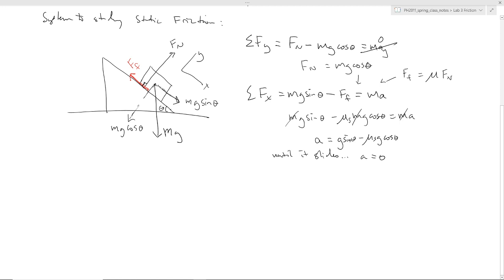So if we do that, just write it again here. So we could add this over, divide. Notice g appears in both of these terms.